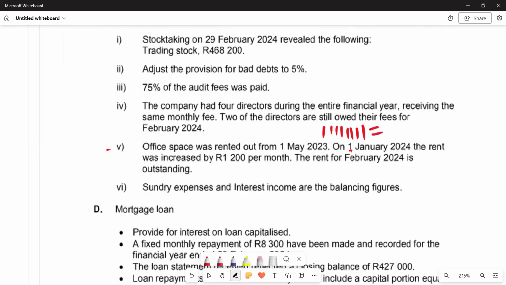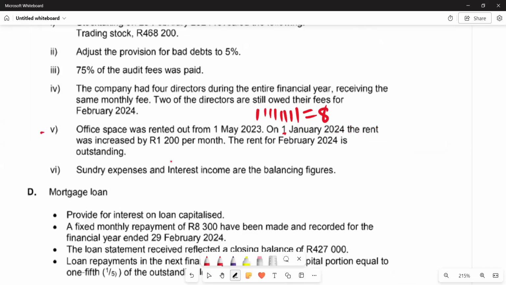We've got 8 months. Count again: 1, 2, 3, 4, 5, 6, 7, 8. So we've got 8 months before it was increased. After it's increased, we have only January, because the end of February is outstanding, which is February 2024. So we've only got January 2024 when it was received. So we've got only one.